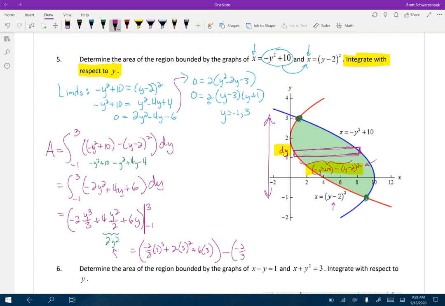So negative 2/3 times negative 1 cubed, plus 2 times negative 1 squared, plus 6 times negative 1. And if you do all of that math, you're going to end up with, in the end, 64/3.